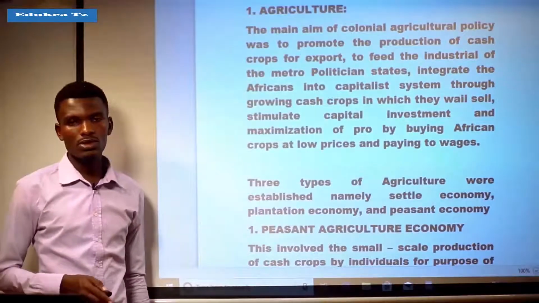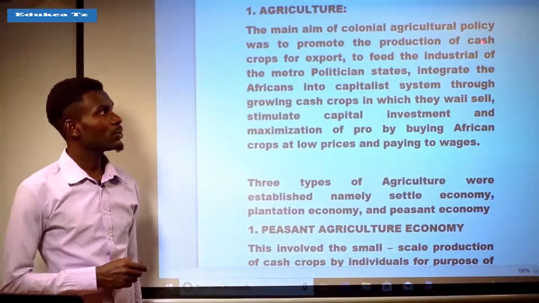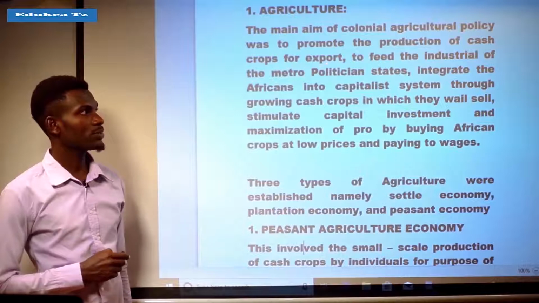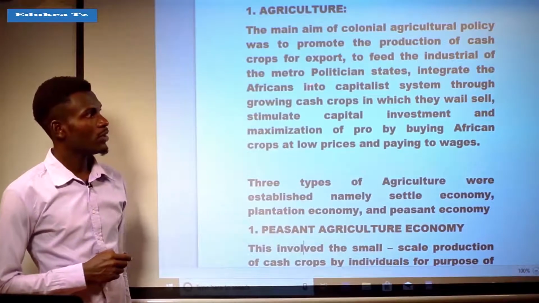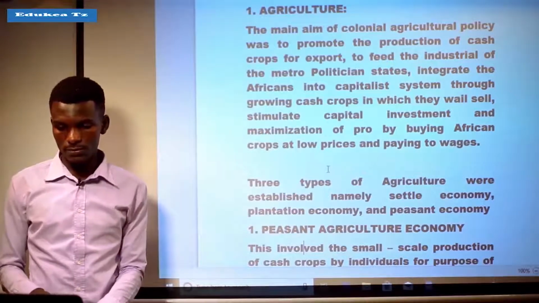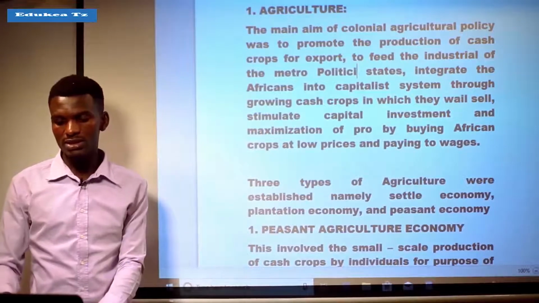The first one was agriculture. The main aim of colonial agricultural policy was to promote the production of cash crops for export, to feed the industries of the metropolitan states.